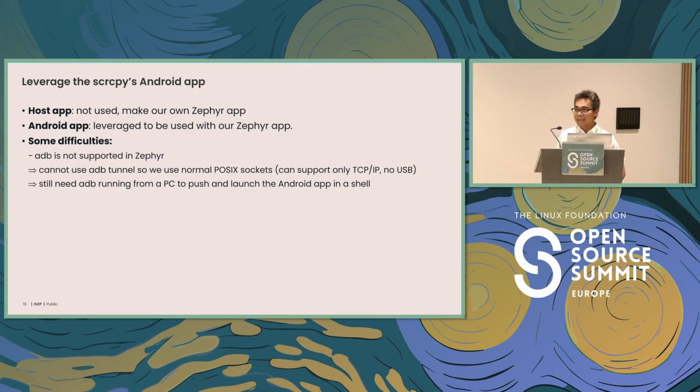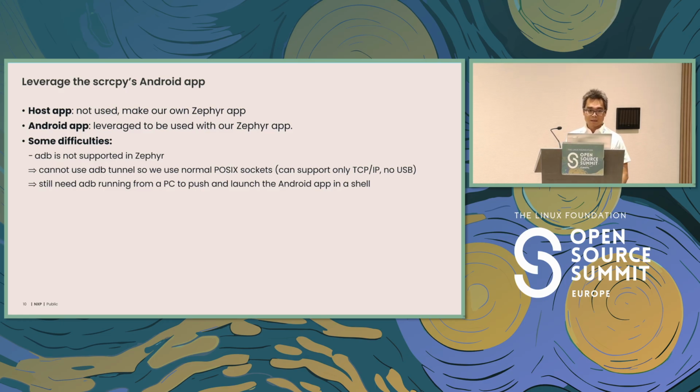So we decided to base our demo on the scrcpy project. We removed the host app and replaced it with our Zephyr app. Then we leverage the Android app so that it can work with our Zephyr app. We encountered some difficulties. Firstly, ADB is not supported in Zephyr.